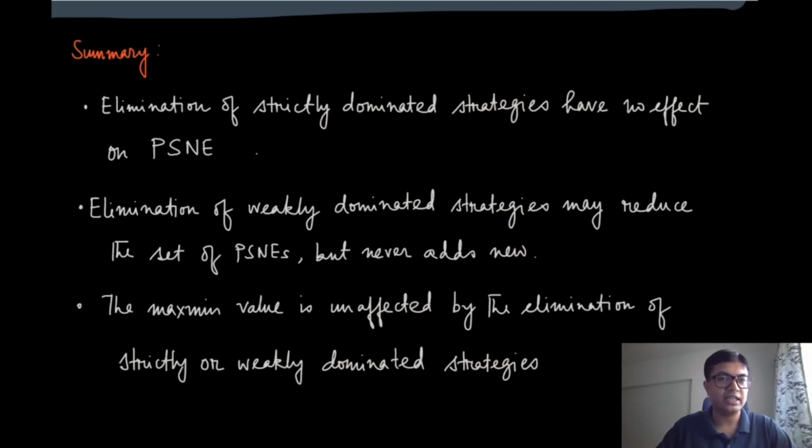But the second thing is possible for weakly dominated strategies, and as we said in the previous example, some of the weakly dominated strategy removal has actually removed some of the PSNEs, but we will never add new PSNEs. And in the previous module, we have also looked at the max min value: for the player for which you are removing the weakly dominated strategy, the max min value does not change for that player.